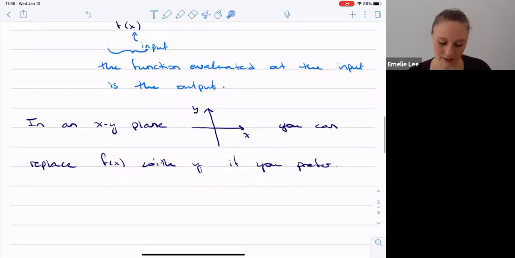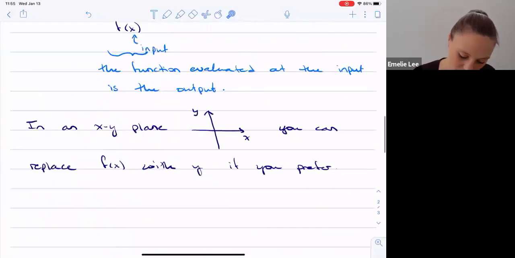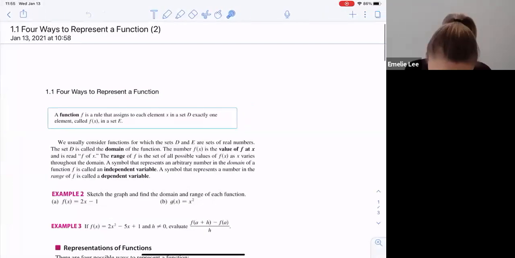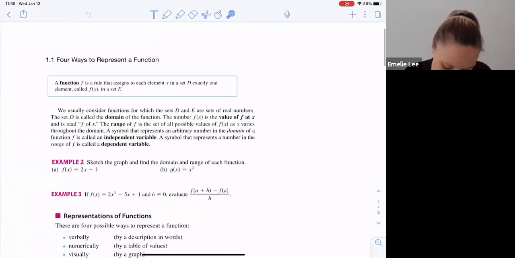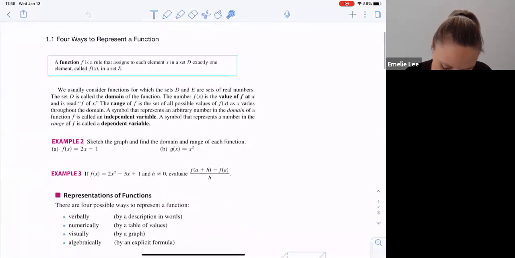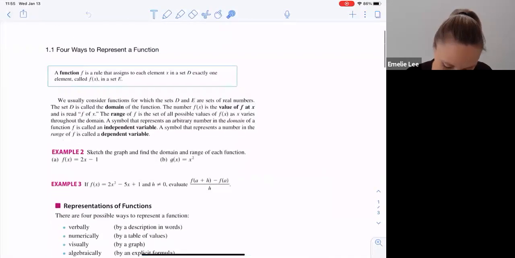So remembering that the domain is the possible inputs, right? There are some restrictions on the domain. I was gonna go here, but before I do that, I'll save it for a little bit later.